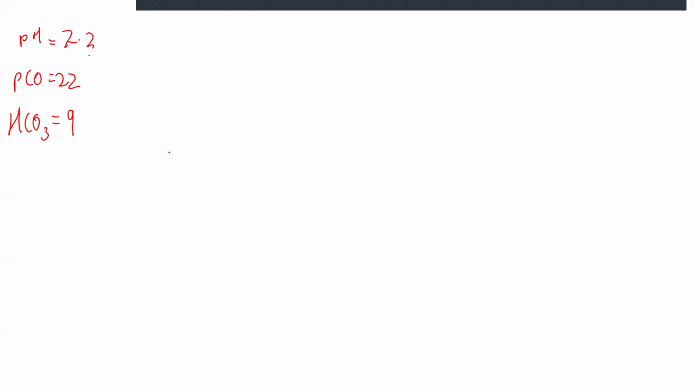So very quickly, the pH is low, so that means it's an acidosis, and the carbon dioxide is also low, which tells me that it's a metabolic acidosis. And to confirm it, our bicarbonate is also low, which confirms that it's a metabolic acidosis. So let's calculate the expected compensation using Winter's formula.